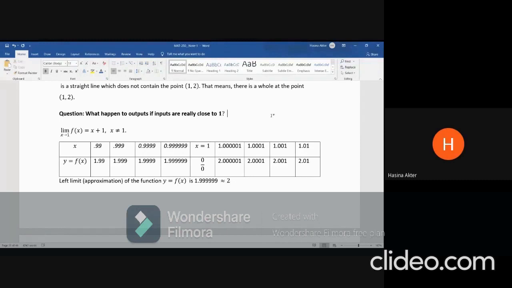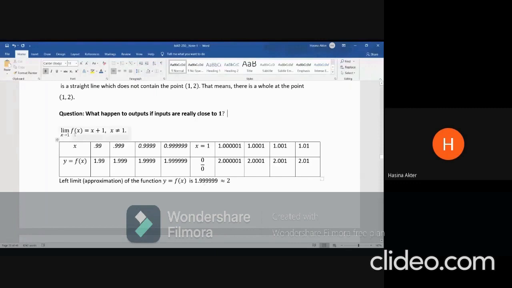So when the input approaches the required point from the left by getting bigger and closer, this is called the left limit. And when the input gets closer to the desirable point by getting smaller and closer, that is called the right limit. So when those two limits are equal, then we say that the limit exists.